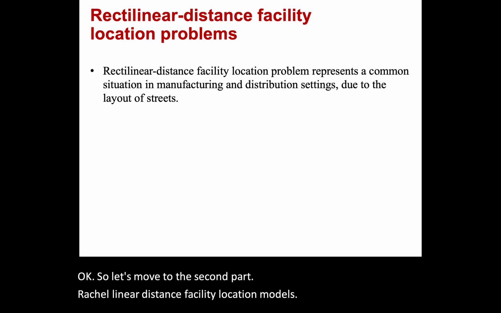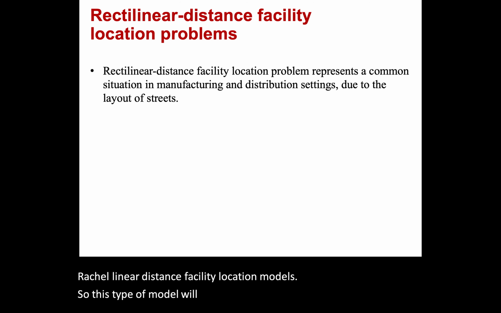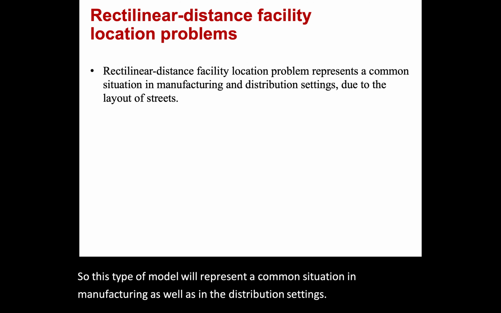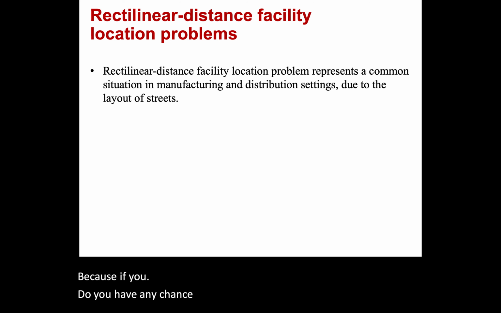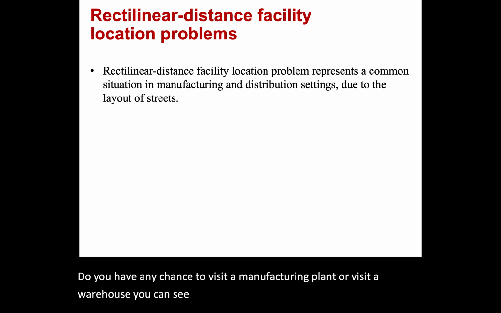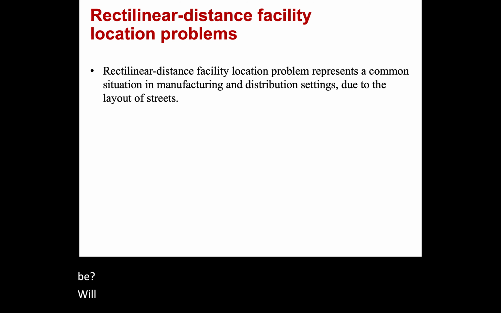This type of model represents a common situation in manufacturing as well as in distribution settings, because if you have any chance to visit a manufacturing plant or a warehouse, you can see that all the street layout within that facility will be perpendicular or parallel to each other.